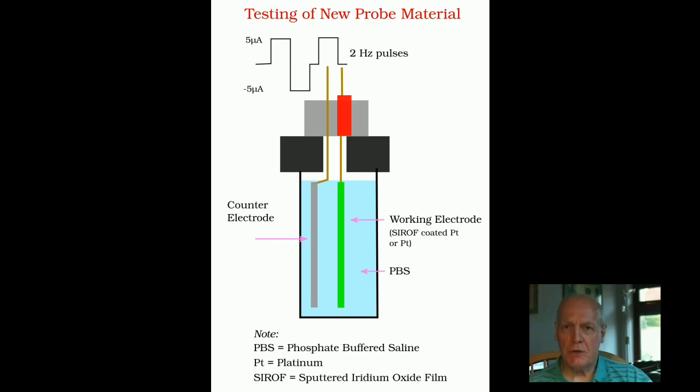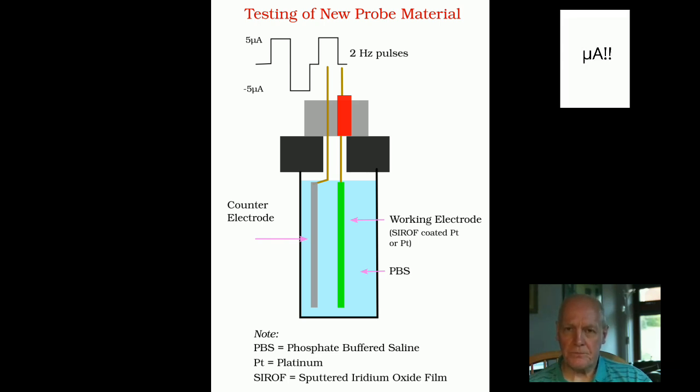That's in the top left hand corner, and you can see it's a 5 microamp signal, which is quite small, so they're getting quite a response for quite a small current. Furthermore, that current is changing polarity. In other words, it's going from +5 to -5 microamps.